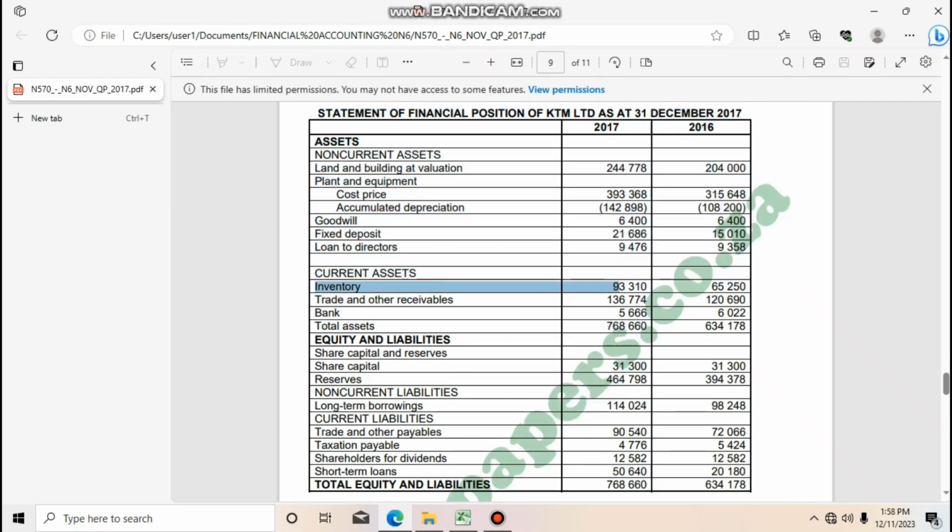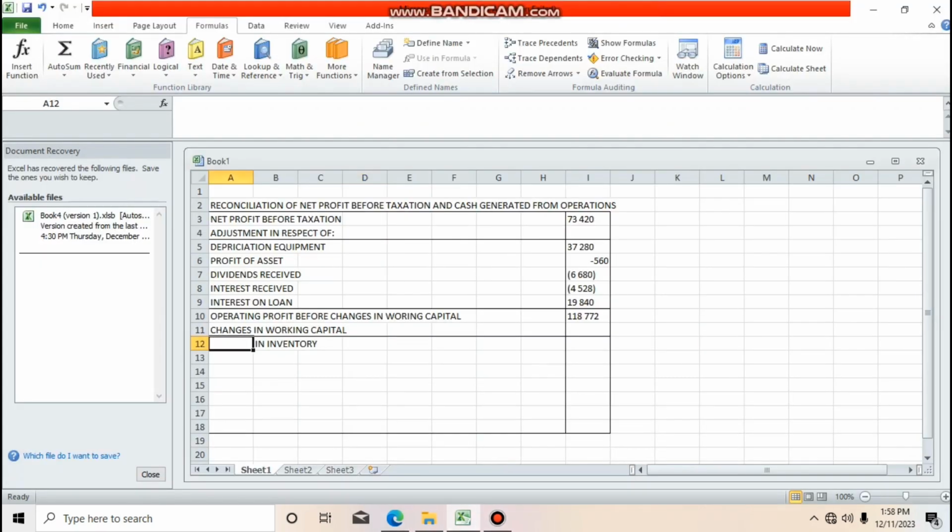Yes, here's the inventory. The previous amount was 65,000 and the current amount is 63,000. So which means the inventory increased, right? So here we're going to have the increase in inventory.